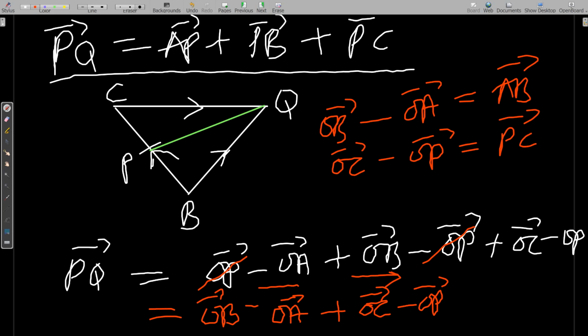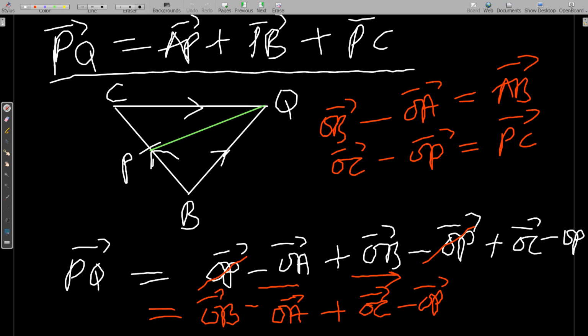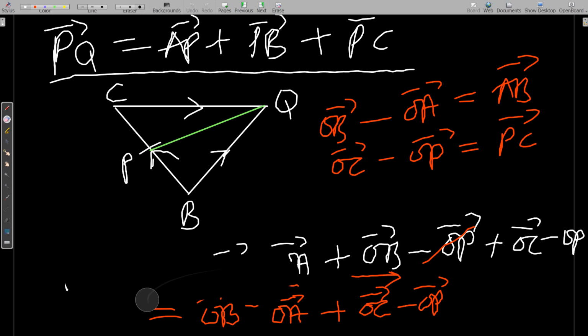So in the long run, PQ can be given by AB plus PC. So after simplifying what was given in the question, we can write PQ as AB plus PC. Now let's go back and clean some part and try to find other relations as well.